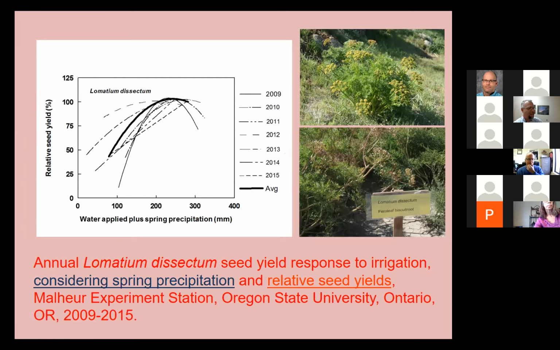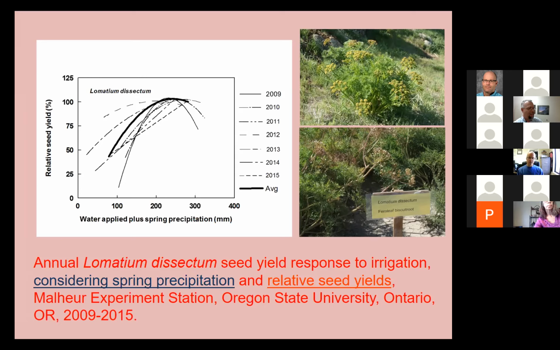So anyway, that was an interesting thing. We've done this with a lot of the species, and a lot of them are sensitive to precipitation when we run the stats. So it's interesting with these plants that we've had a whole range of responses where some of them do not respond at all to our irrigation, like the globe mallows.